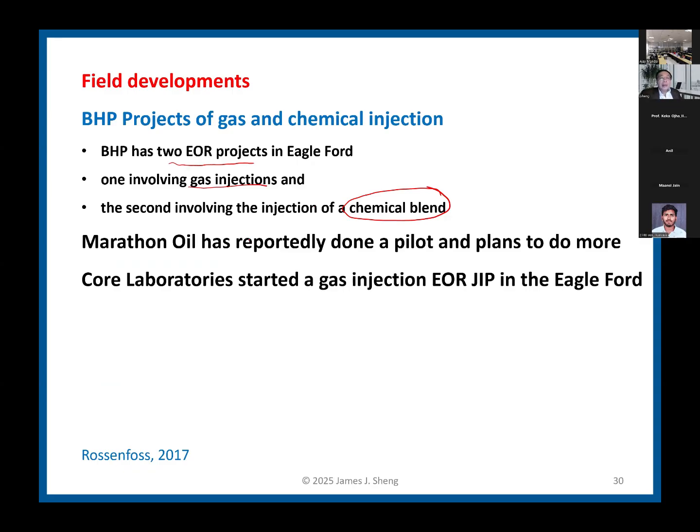And then Mosaic Oil has also reported, also conducted a parallel test and plans to do more. A core laboratory started gas injection in Eagle Ford. Oh, I'm sorry, this core laboratory is a DOE project. So BHP and Mosaic also ran a parallel test, but detailed results are not known.